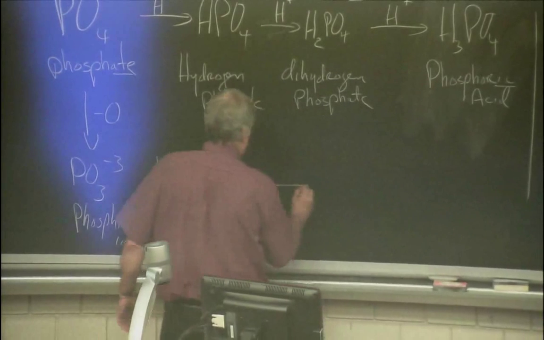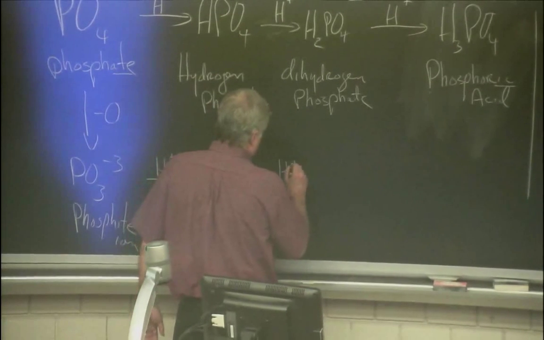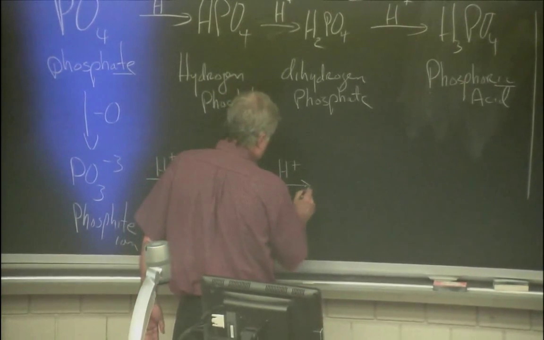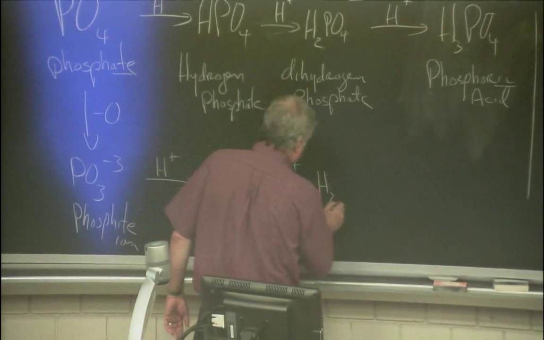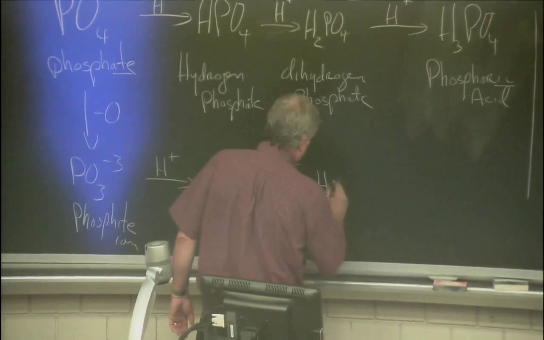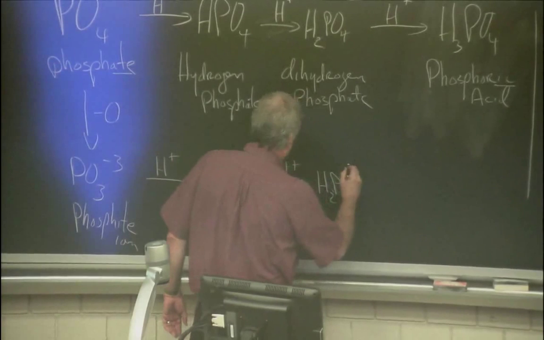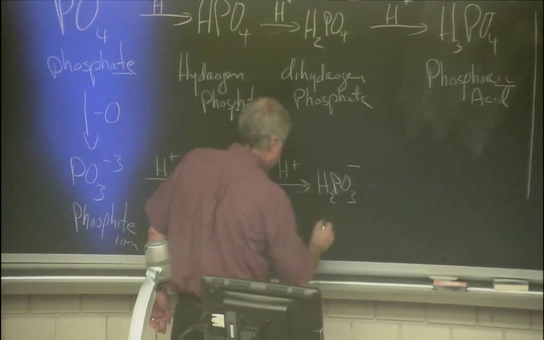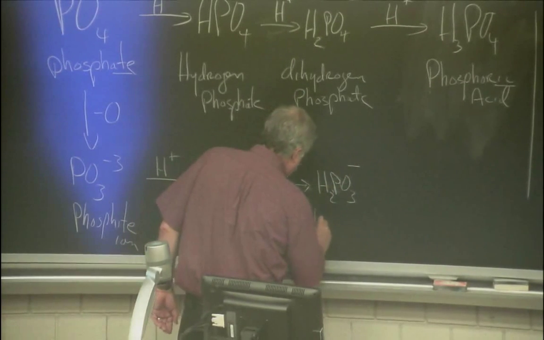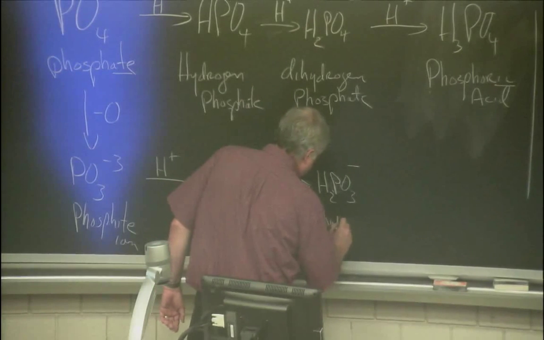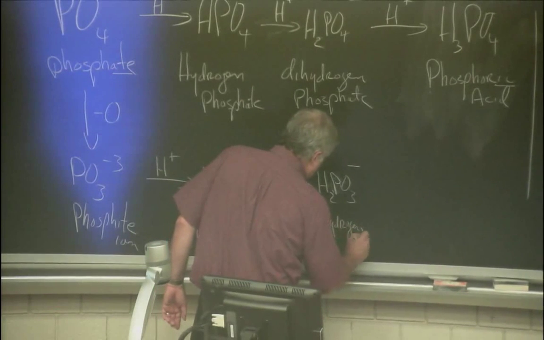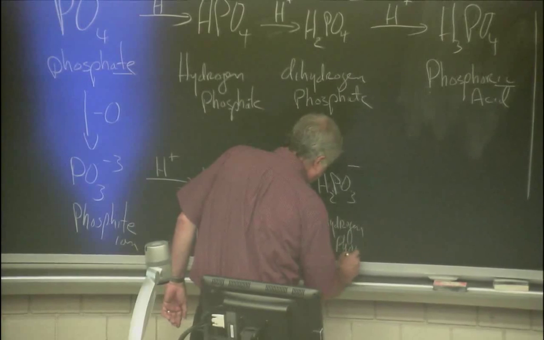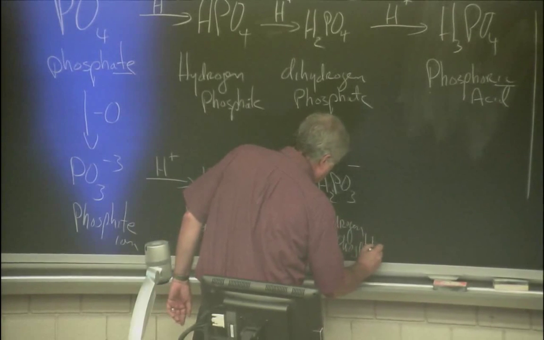Now we'll put another hydrogen on there. And now we got H2PO3 minus 1, or just minus. And now this is called dihydrogen phosphite ion.